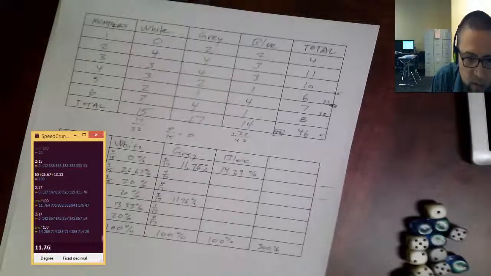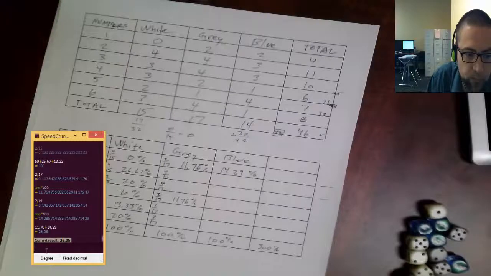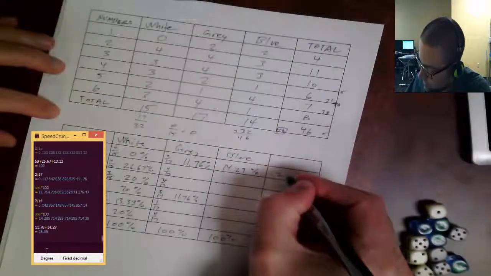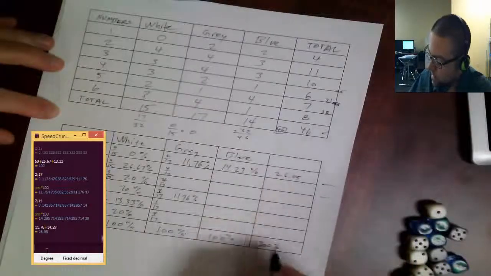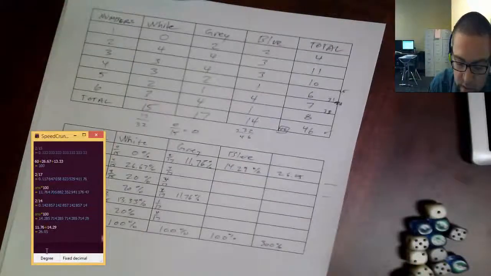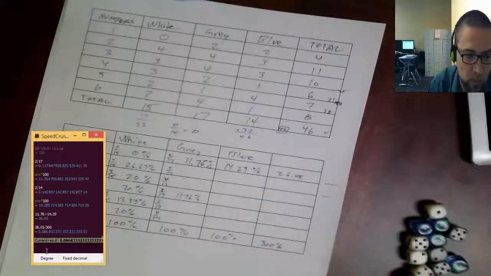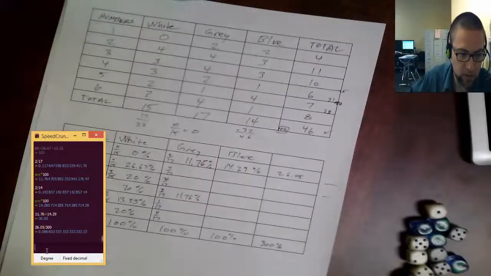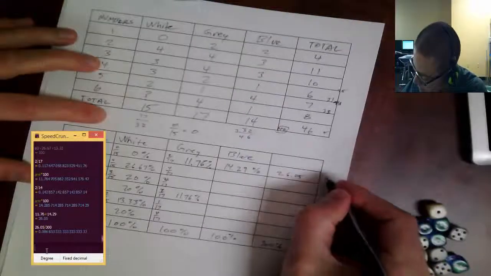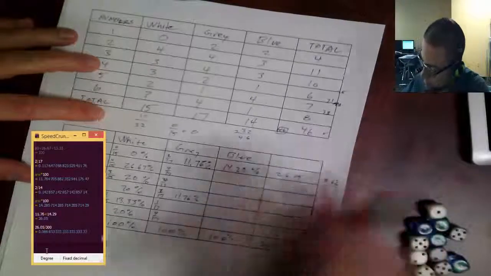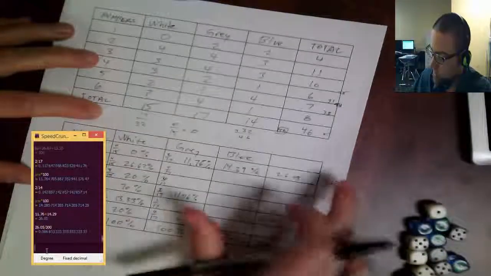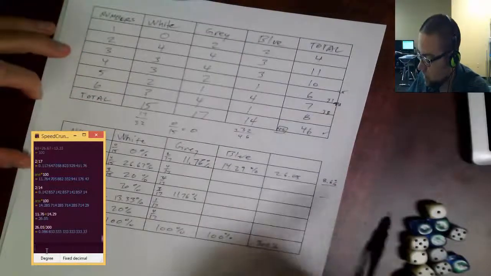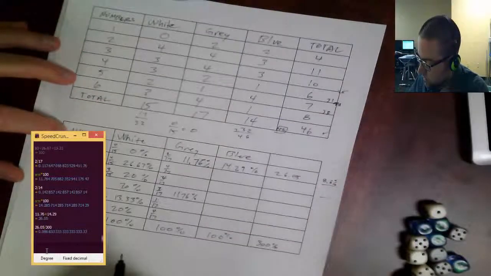So 11.76 plus 14.29 is 26.05, and that's going to be out of a total of 300%, so that's 8.6%. So the total number of ones out of all the dice will be 8.6%, which is significantly less than the average, right?